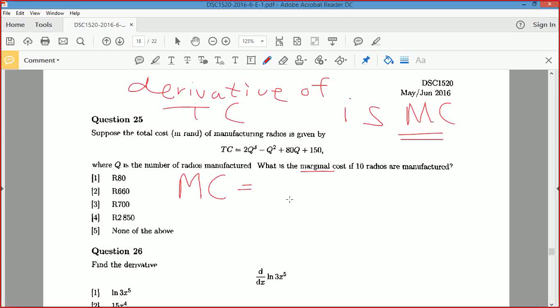Give me the derivative. So it's 6q squared minus 2q plus 80. Fine. Now what?